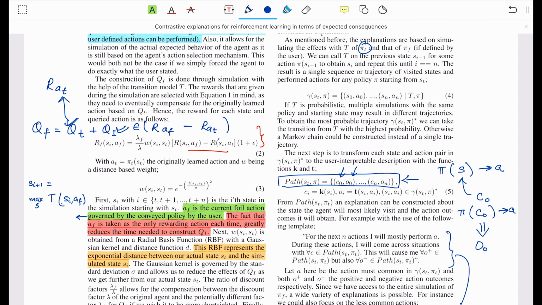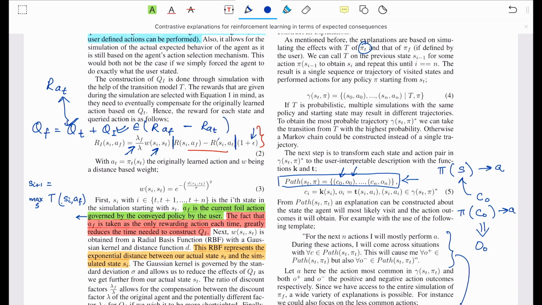An error, I think, in this paper is that this bracket should be an absolute value. That is, we are taking the absolute difference between what my current reward is when I take AT, and what my reward would have been if I take AF. Now we can see how we can control this epsilon, or these other parameters, or this weighted function, to control how much we are weighing this AF action over AT action.